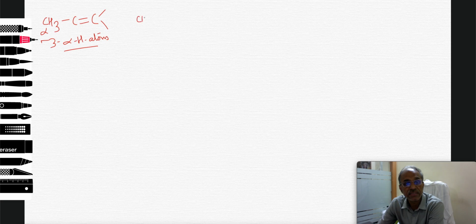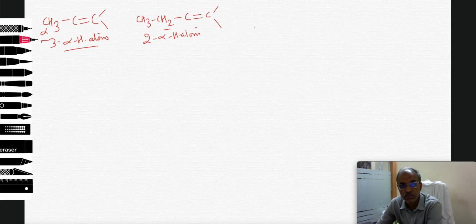Similarly, if I take CH3, CH2 dash C double bond C, there are only 2 alpha hydrogen atoms, and in case of CH3 H dash C double bond C, here it's only 1 alpha hydrogen atom.